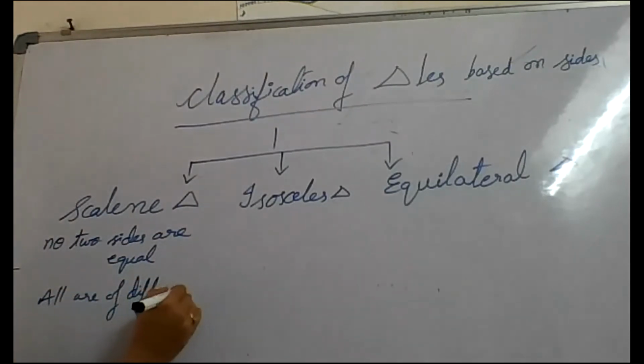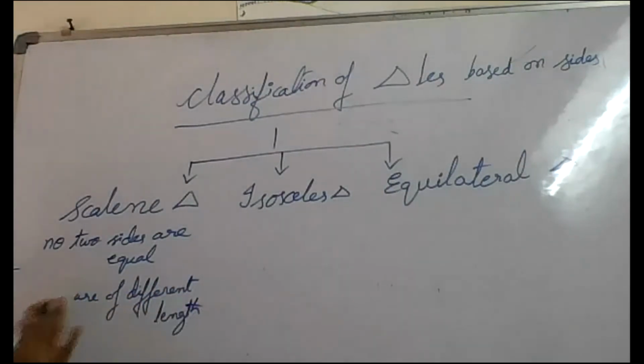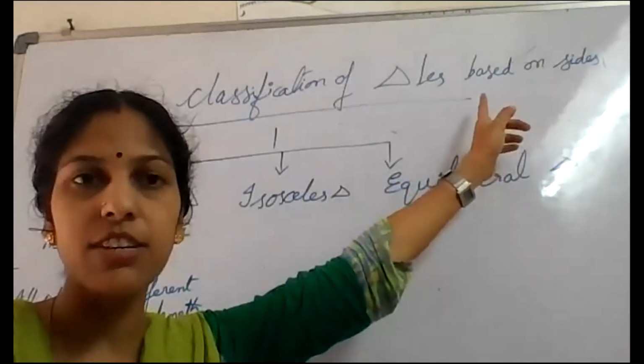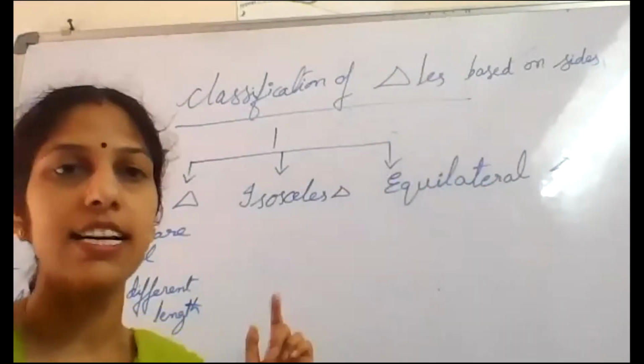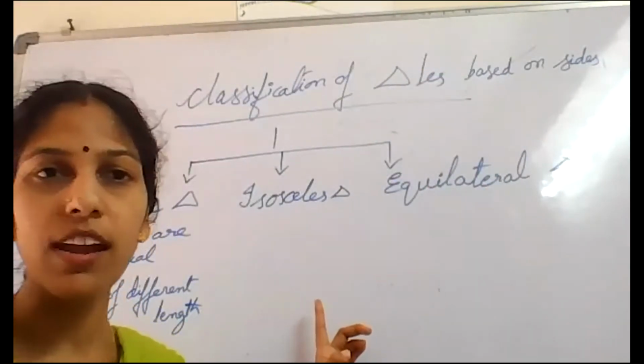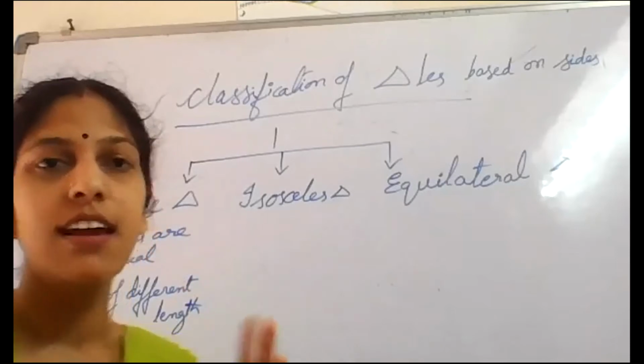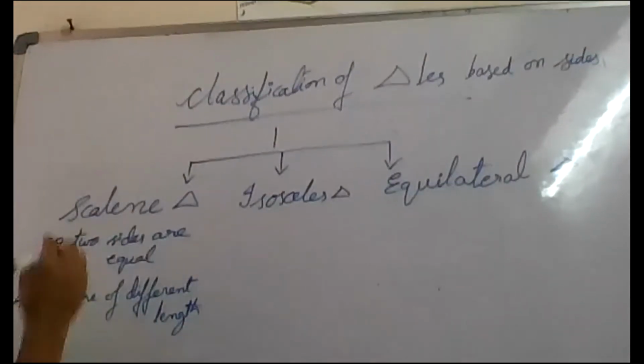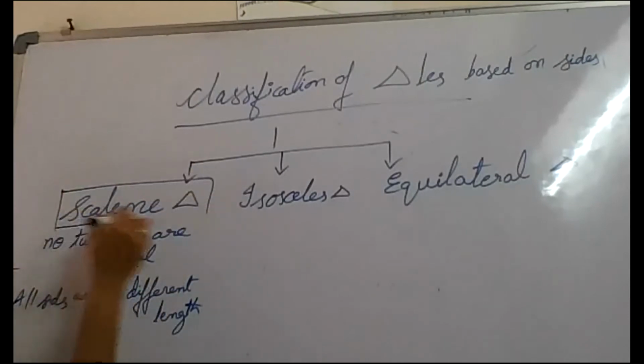All means all sides. I'm speaking only about sides because this is the classification of triangles based on sides. When no two sides of a triangle are equal, then such a triangle is called a scalene triangle.